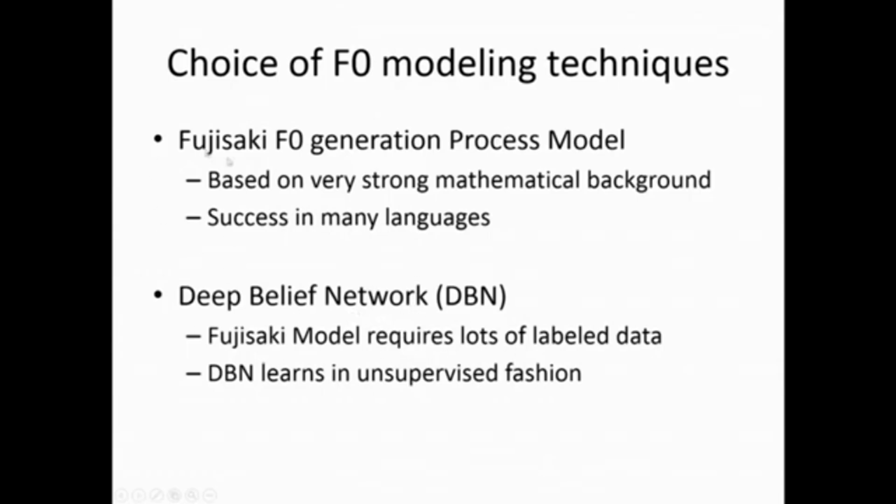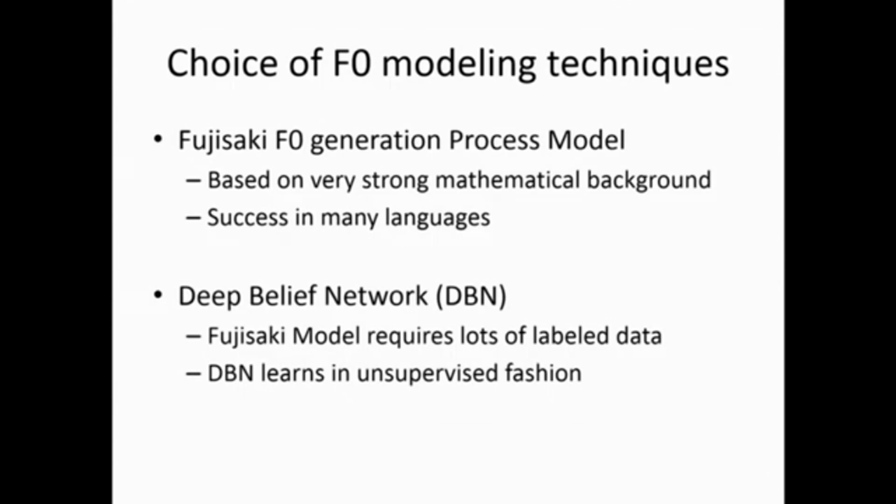The Fujisaki model is a successful generation process model. It is very good, but the only problem is that it requires a lot of labeled data to find out the rules for the generation process model.